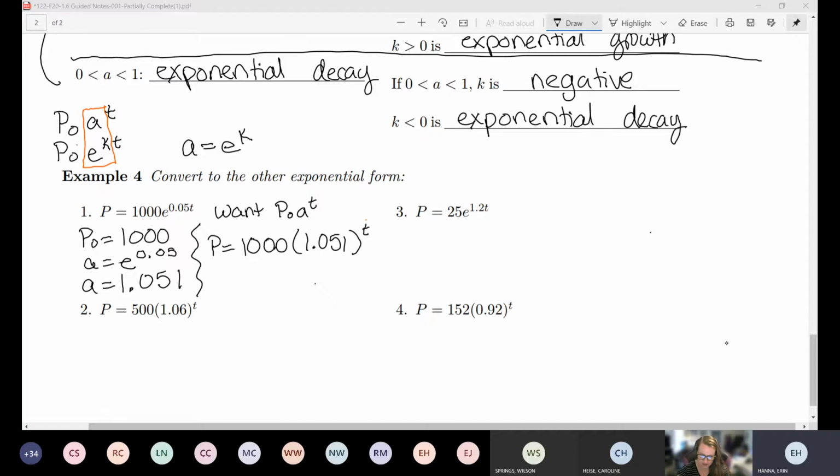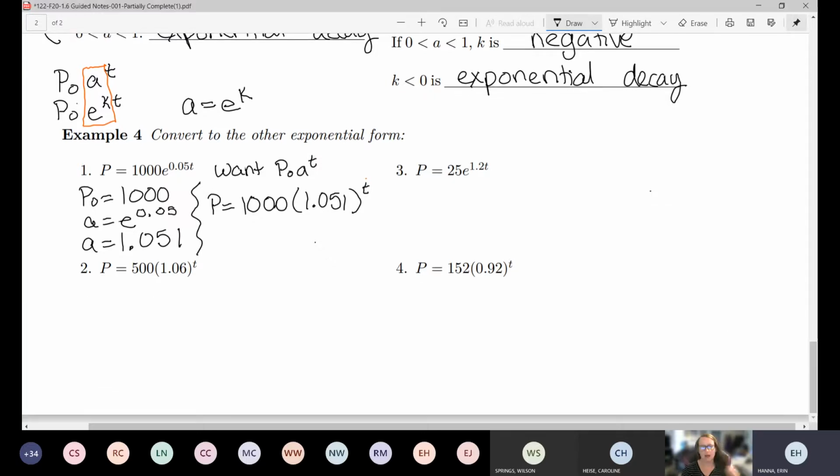So let's see the second example of that. Sorry, I want to jump over to number 3, because I want to do the other one that has the e term in it first. So here we have an e to the kt, and we want a to the t.